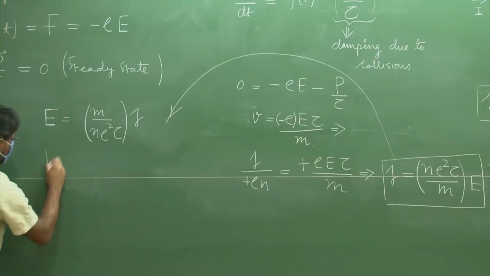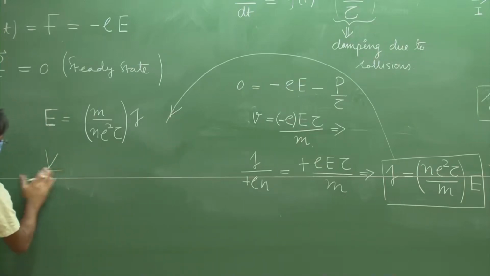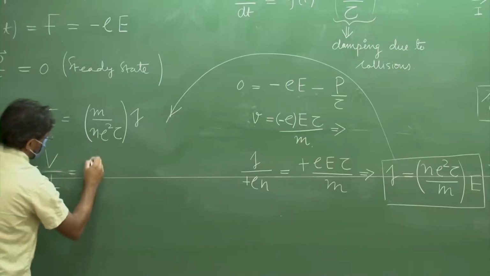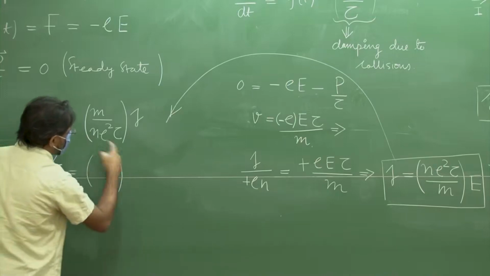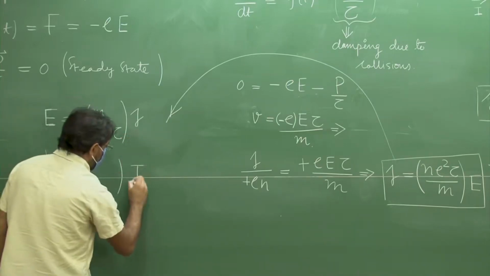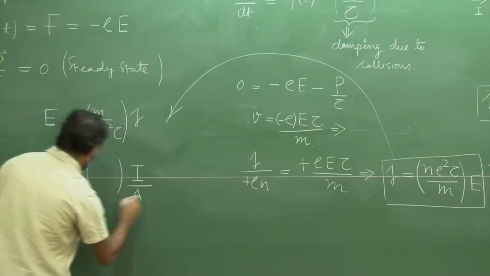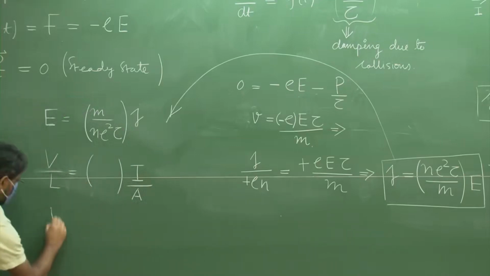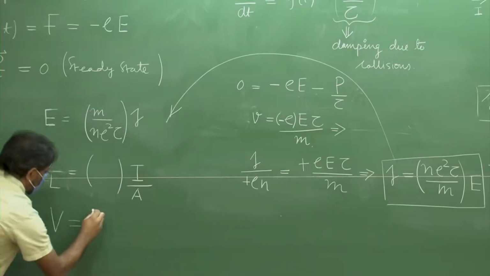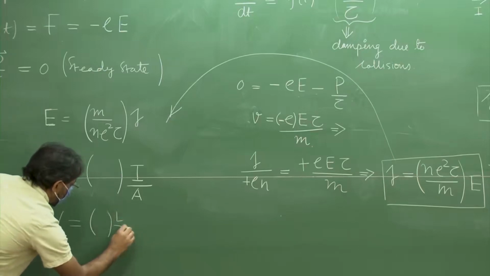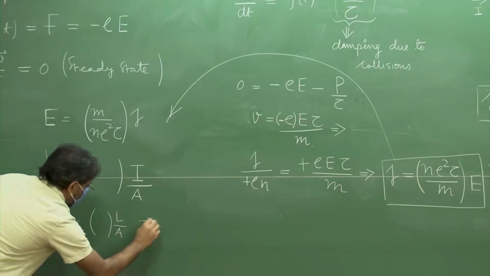So this is V divided by L, equal to this bracketed quantity, and you can write J as I by A. Now you can take L over here. So what you get is V equals this bracketed quantity times L by A times I.